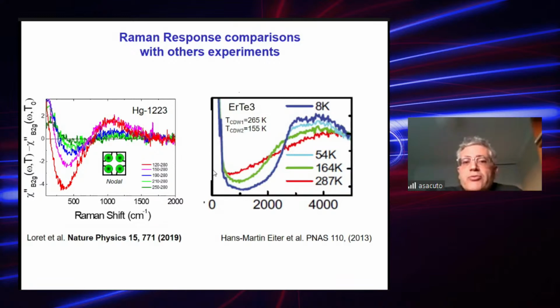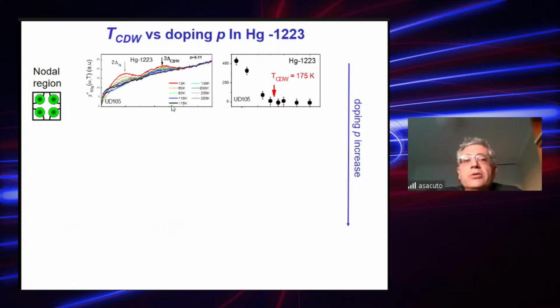The second reason is looking at the transition temperature of the charge density wave. We can define it by measuring the integrated area of the hump and looking at its collapse. When this integrated area collapses, we can define the transition temperature of the charge density wave.